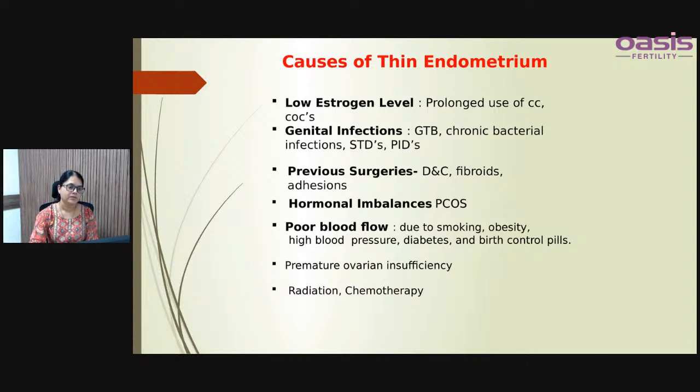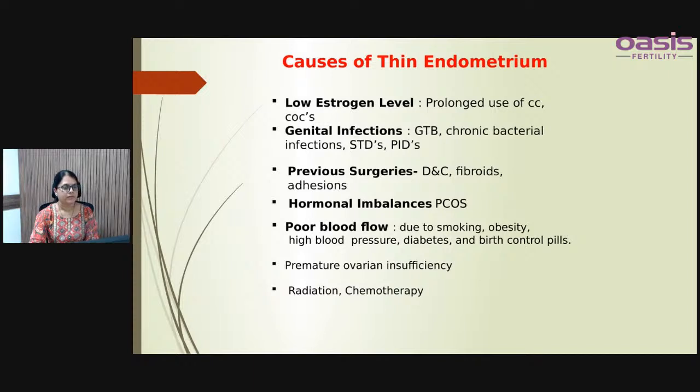Low estrogen levels in the body may be because of prolonged use of clomiphene citrate, which is used during ovulation induction cycles. If we continuously use it for 4 to 5 cycles, the estrogen levels will fall and the endometrium becomes thin. Even prolonged use of combined oral contraceptives for a long time temporarily causes thin endometrium.